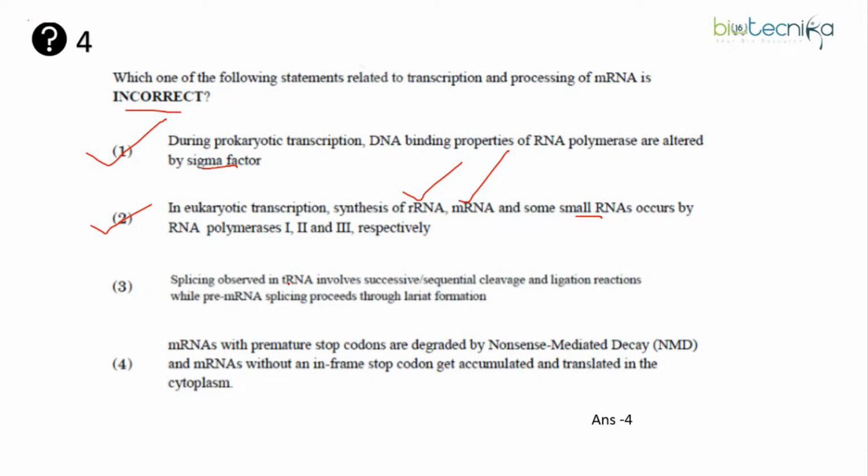In tRNA and rRNA, processing happens. Some unwanted nucleotides and all are removed. But you will not get a very established splicing process. It is only found in the mRNA. So therefore, statement 3 is also correct. Now, if all 3 statements are correct, then obviously statement 4 is incorrect.